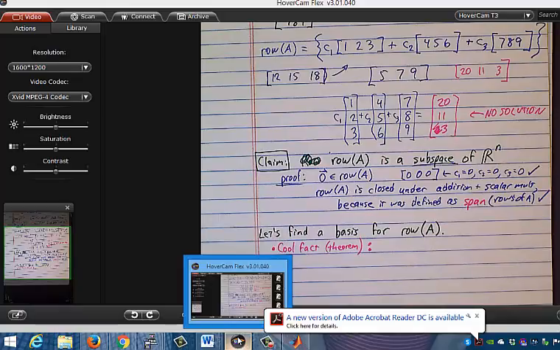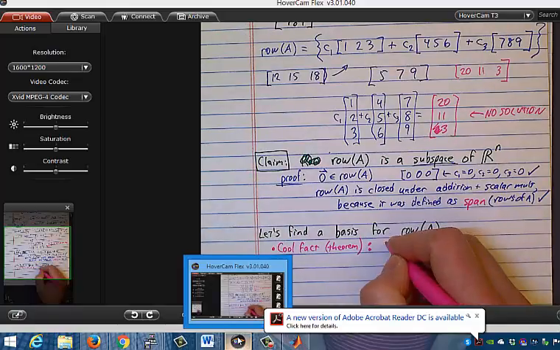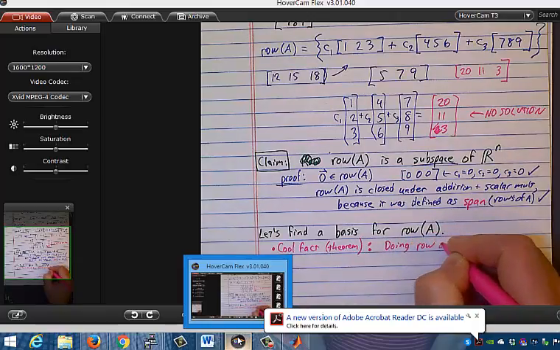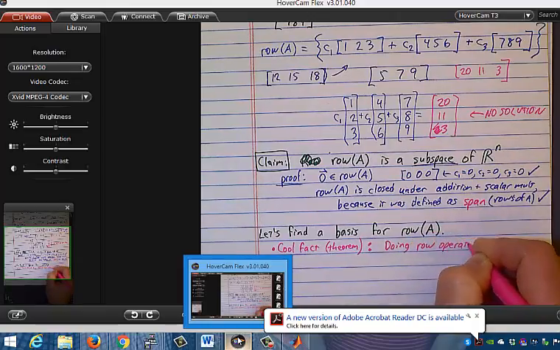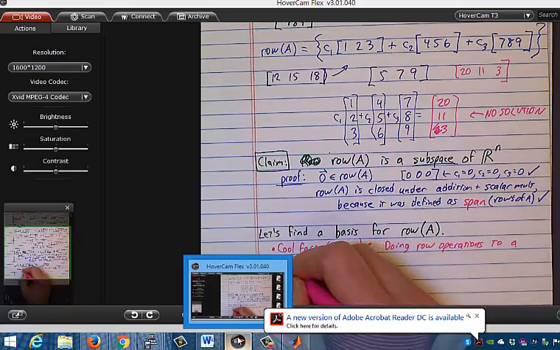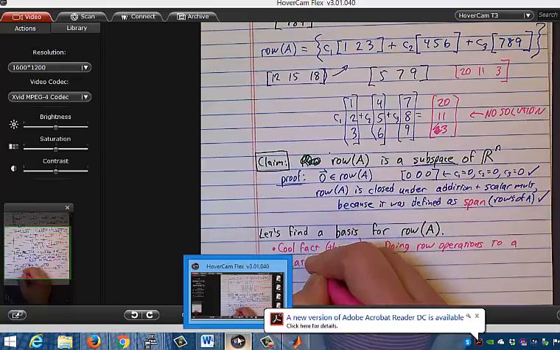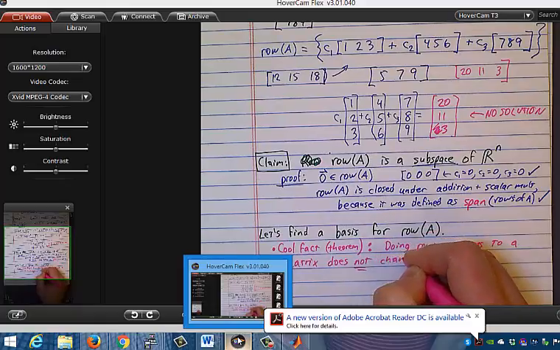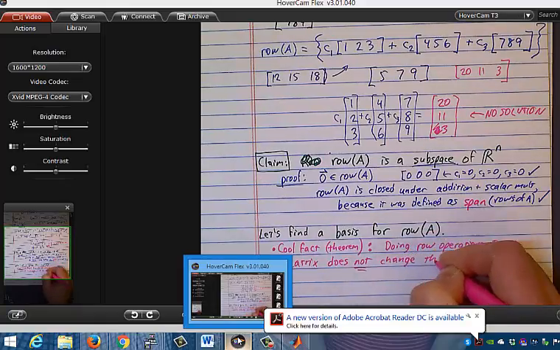So it is true that doing row operations to a matrix does not change the row space.